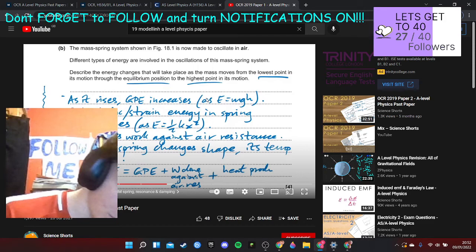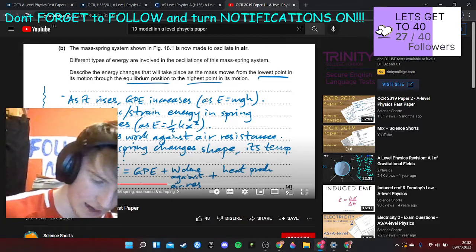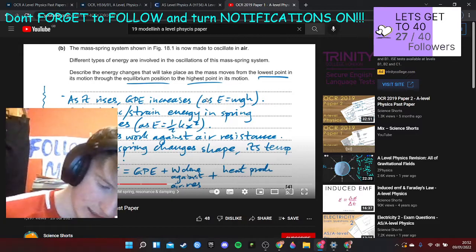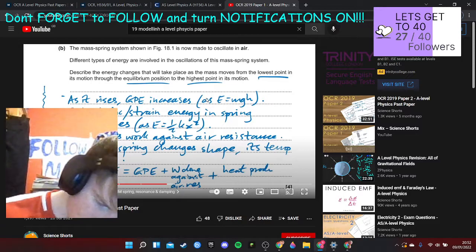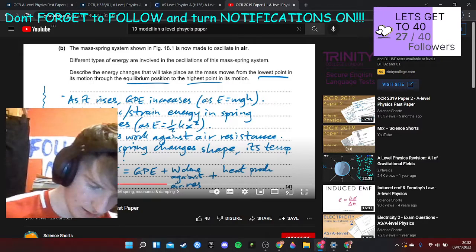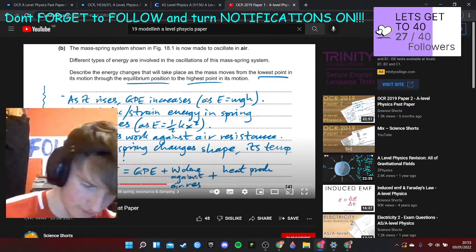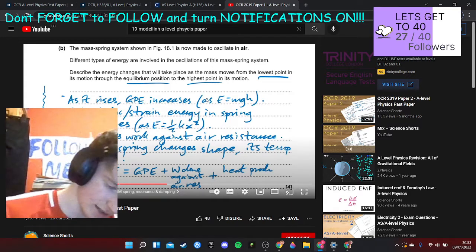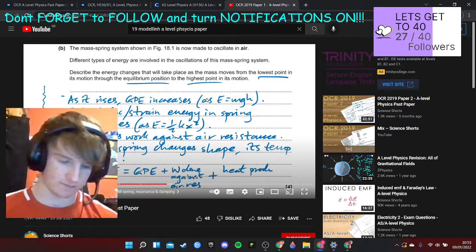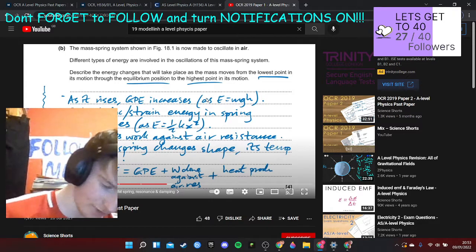However, the strain energy decreases due to E equals half kx squared. The one that's similar to kinetic energy, but in terms of springs. Half mv squared is changed to kx squared. And then we've got air resistance and heat left.